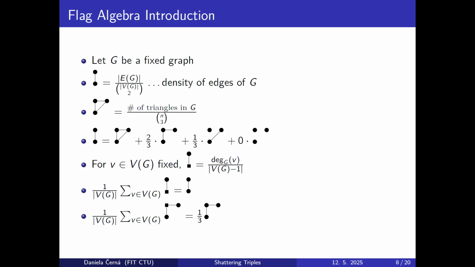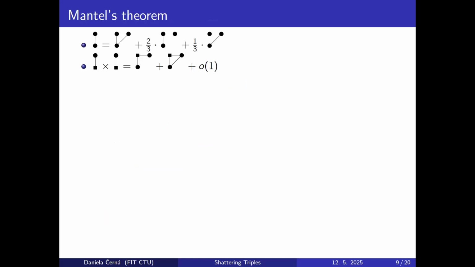For cherry, where the chosen vertex is in the middle, I will have 1/3 because out of every cherry, I need to pick exactly this one vertex. Hopefully this is clear. Next, what we want to do is also define multiplication on these structures. And I will not do this in general, but I will do this for these two symbols.